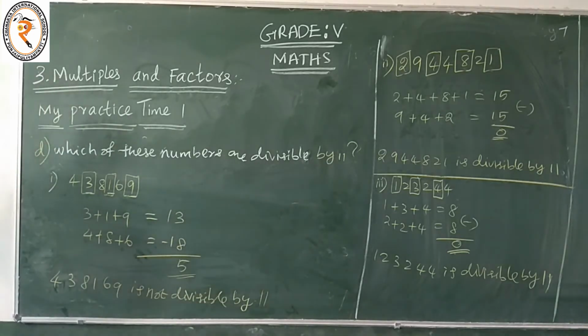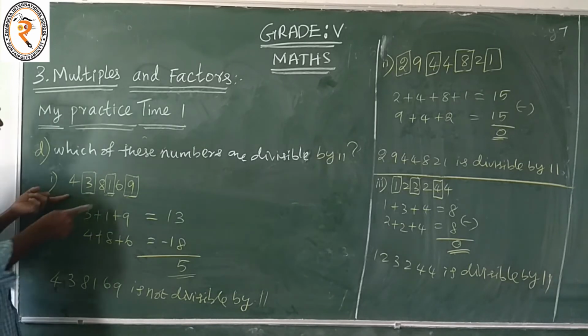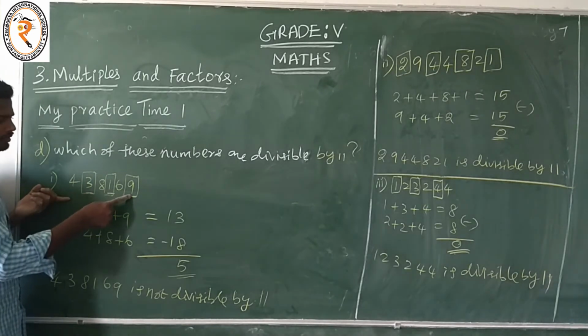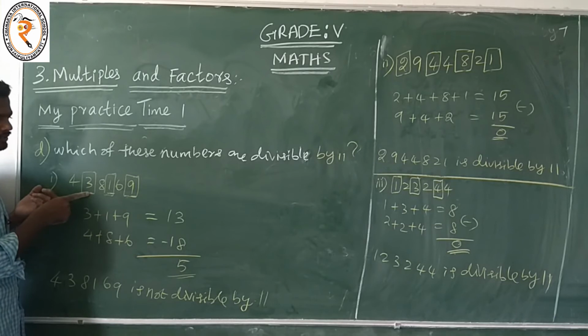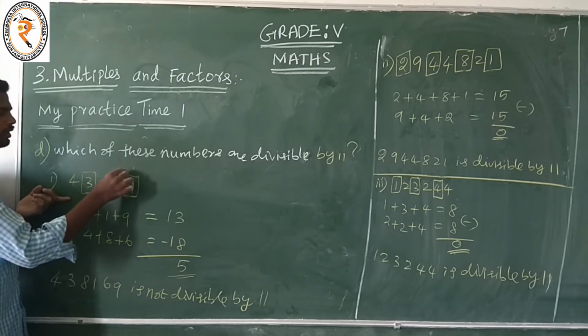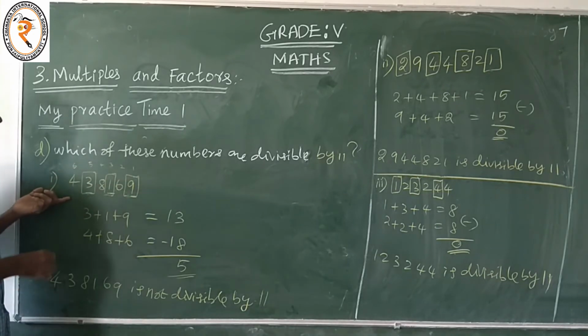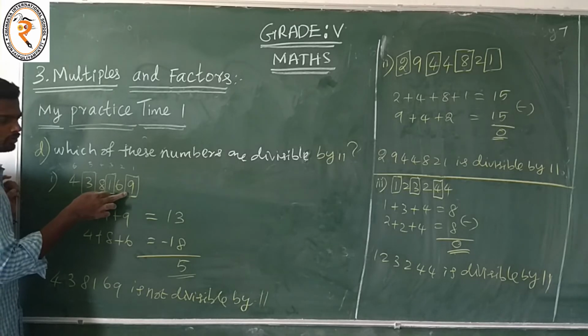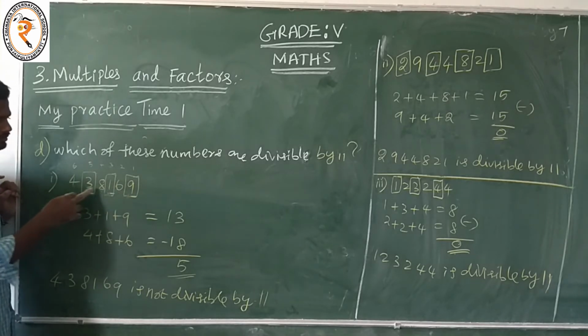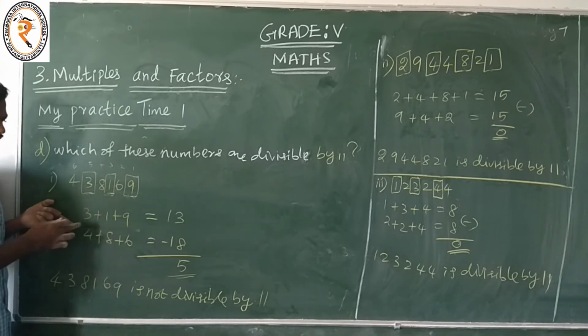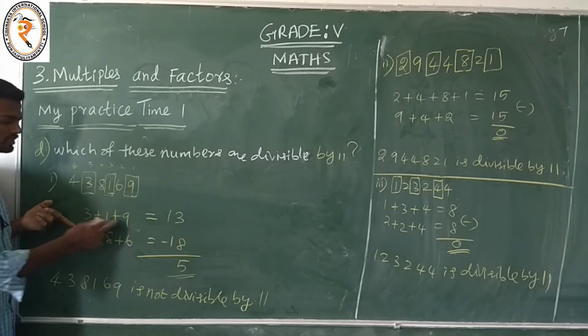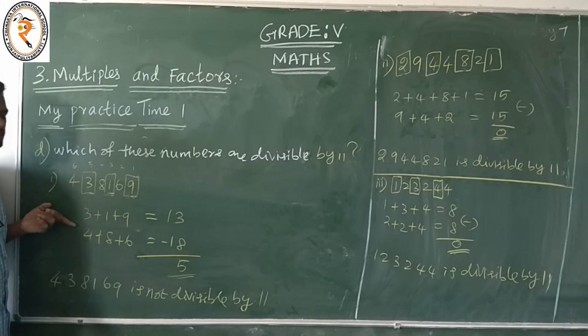So for question number 1, selecting the odd digit places: 1, 2, 3, 4, 5, 6. Selecting the odd digit numbers 9, 1, 3. Adding the odd digit numbers, 3 plus 1 plus 9, is 13.